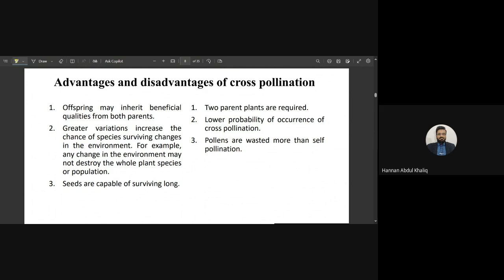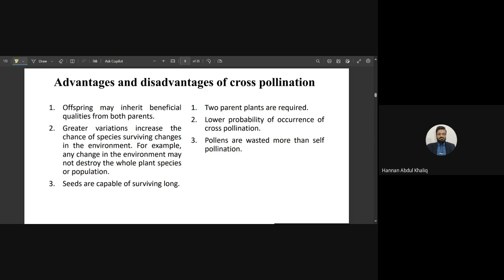Maybe the distance, maybe a difficulty in pollination success. They are being hunted, maybe the wind is stopped, so the pollens are wasted. There is a lower probability.